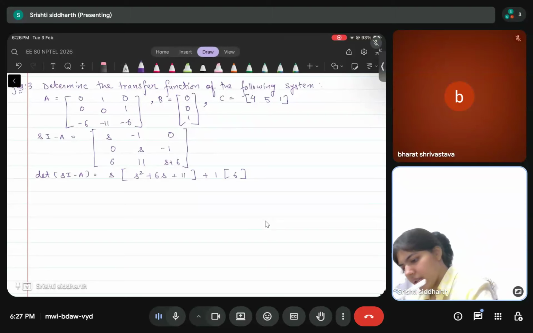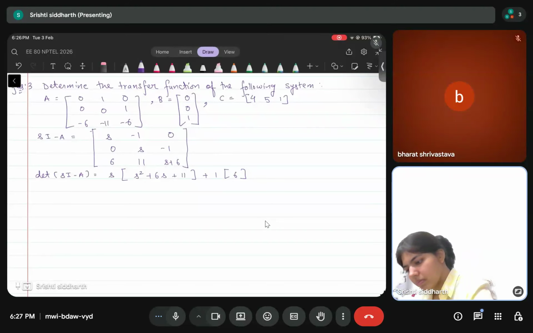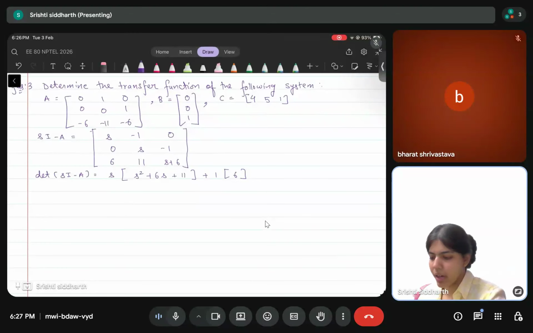Alright, now let's compute the cofactor matrix of A. For each of the entries of the matrix sI minus A, we have -1 to the power i plus j and its corresponding determinant, right? I'll write down the matrix.